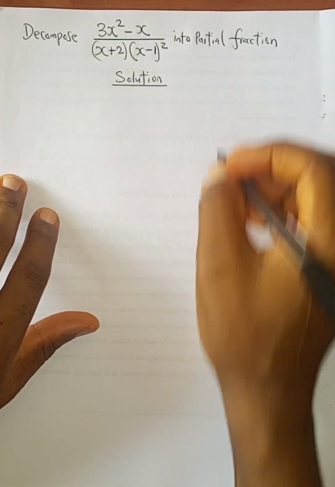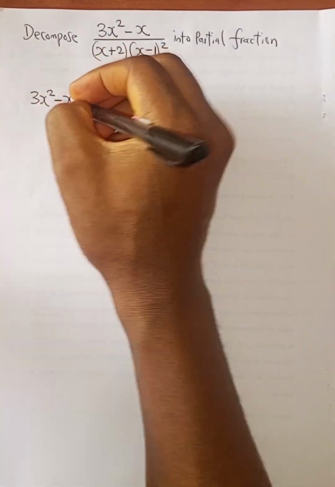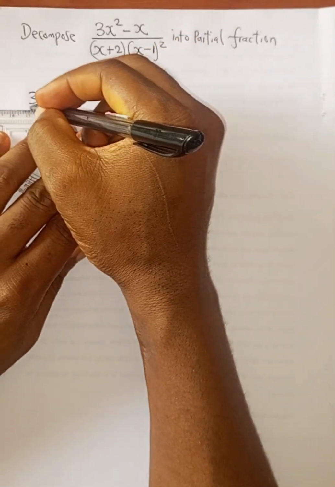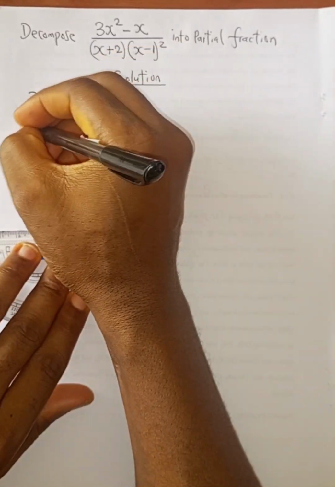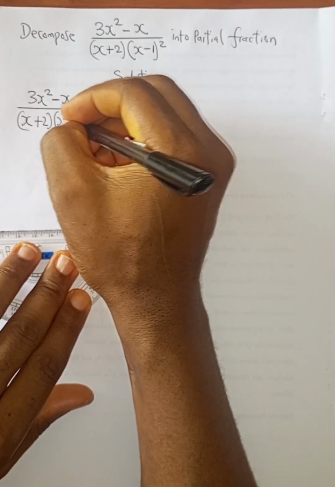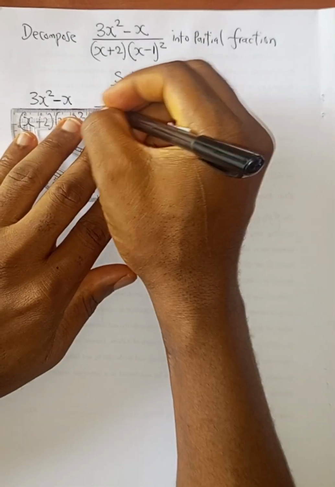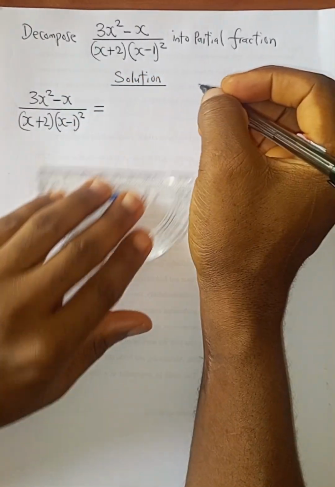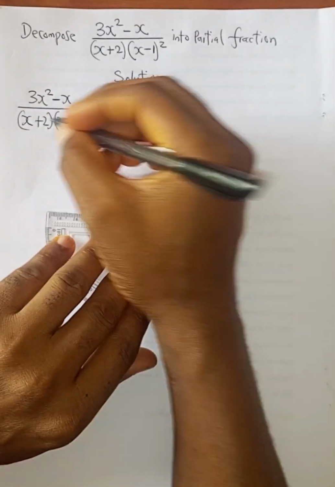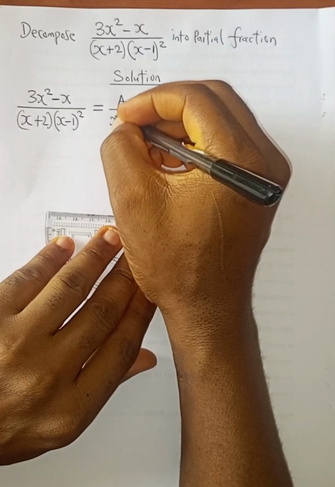So for this one, we have 3x squared minus x over x plus 2, bracket s minus 1 squared, is equal to, the first one is A over s plus 2.